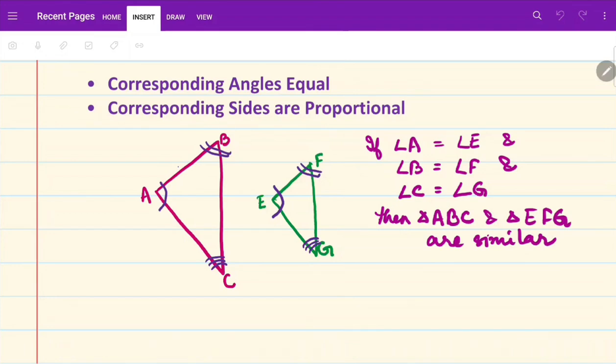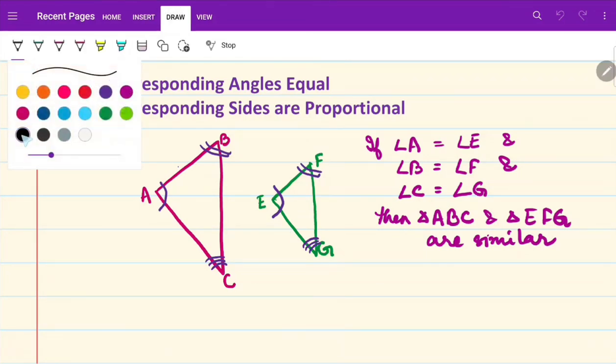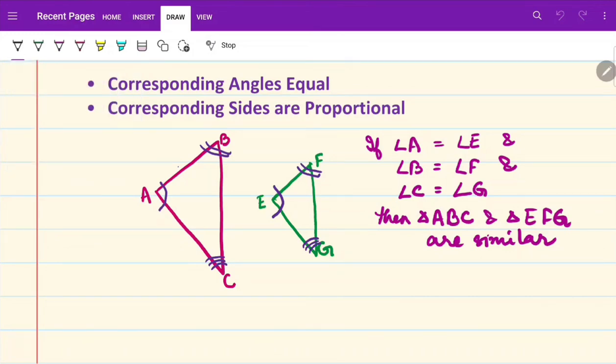So first, let's identify the corresponding sides in these two triangles. I'm going to pull up a different color for this purpose. The side AB corresponds to the side EF in the smaller triangle, and the side BC corresponds to the side FG in the smaller triangle, and the side AC corresponds to the side EG.